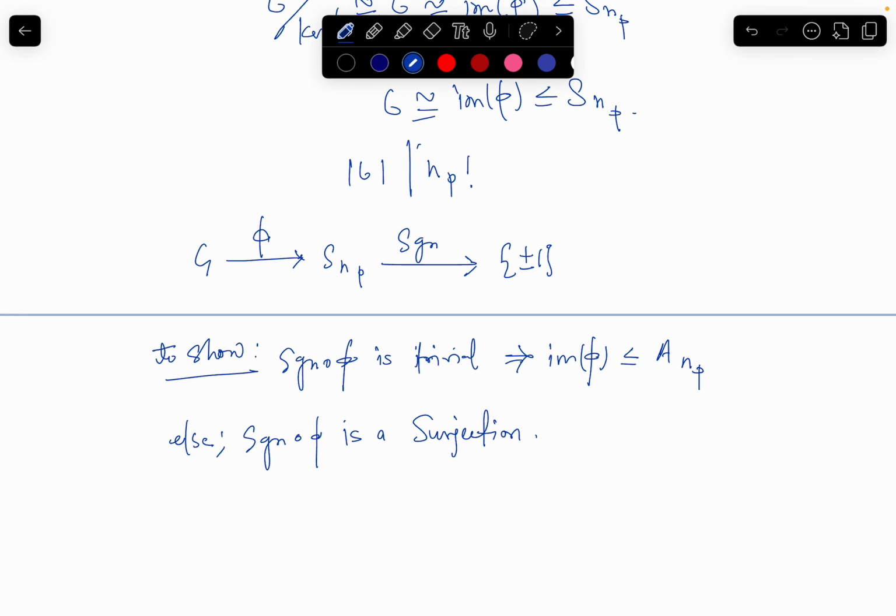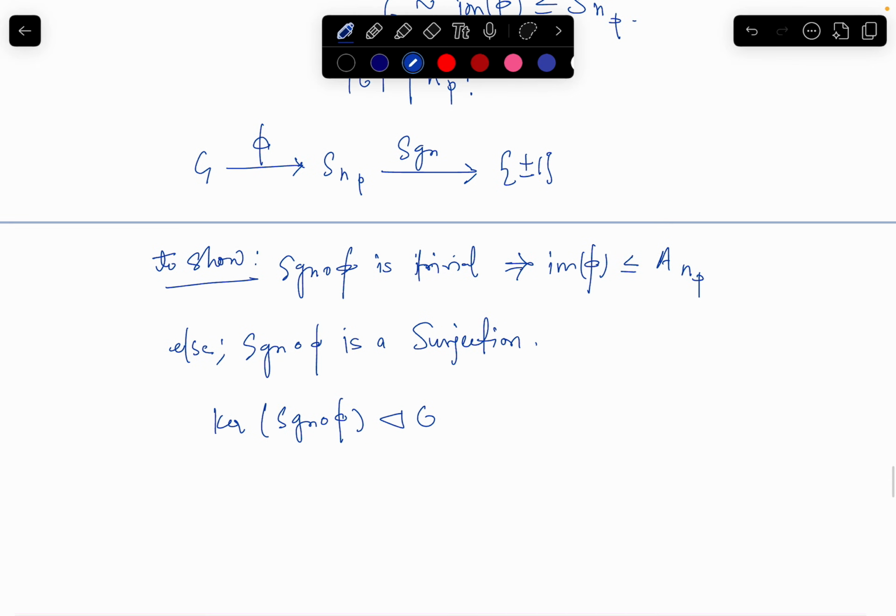So the kernel of sign of phi is normal in G, and in fact we have the size of G modulo the kernel of sign of phi is the size of the image of sign of phi, that's 2.